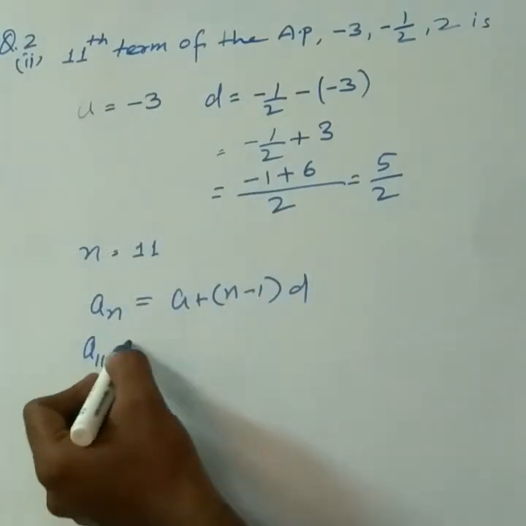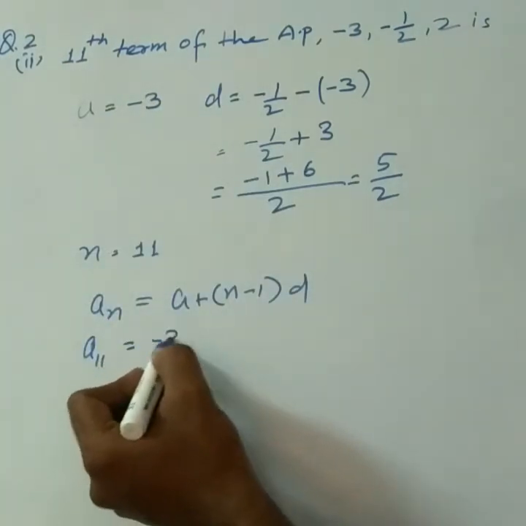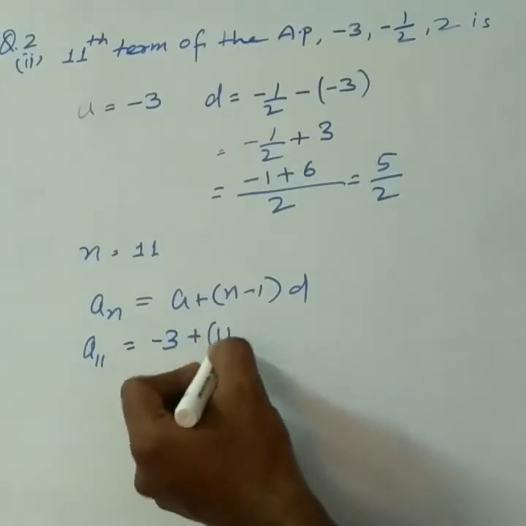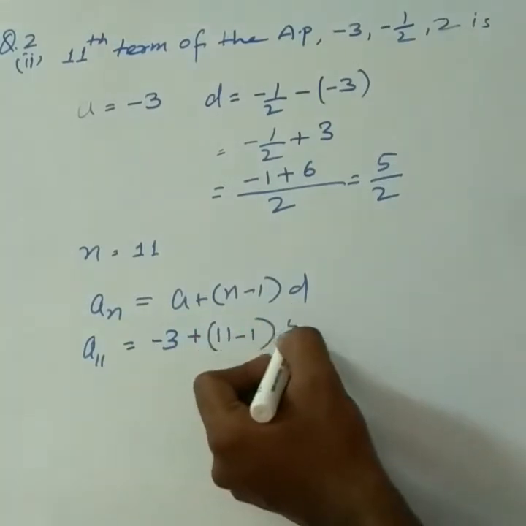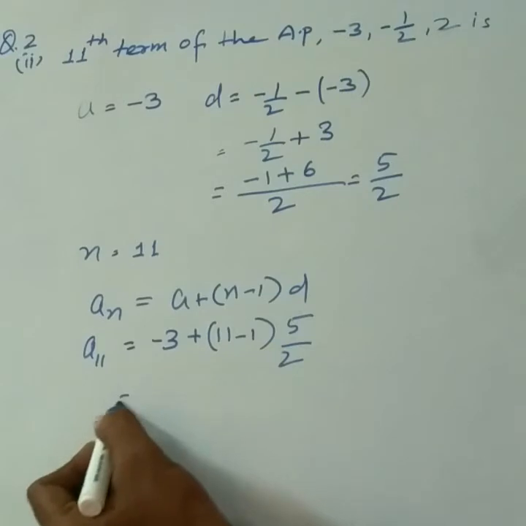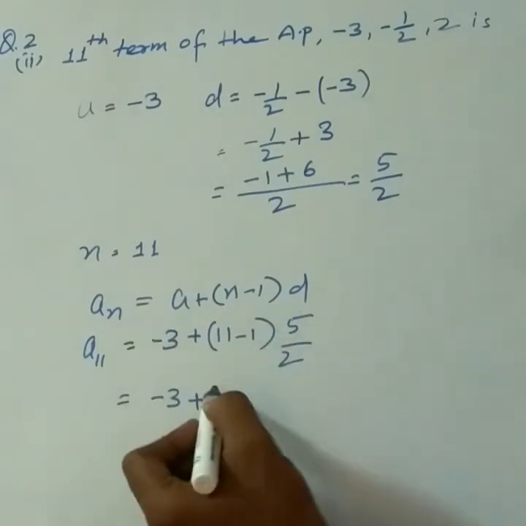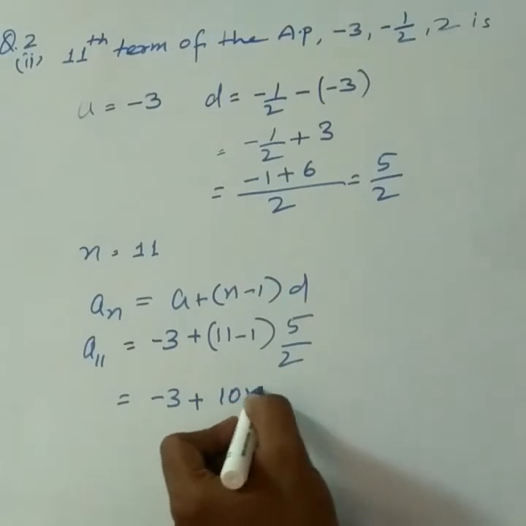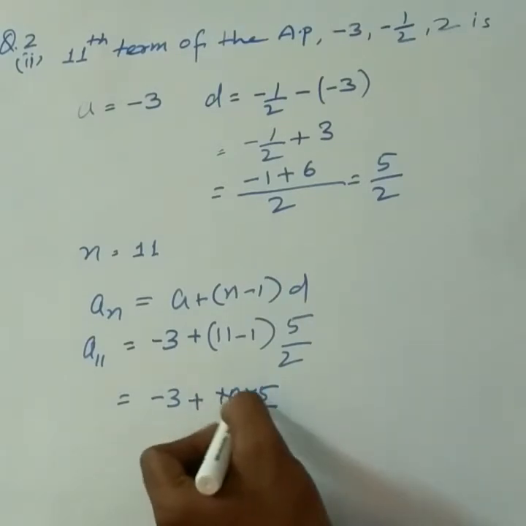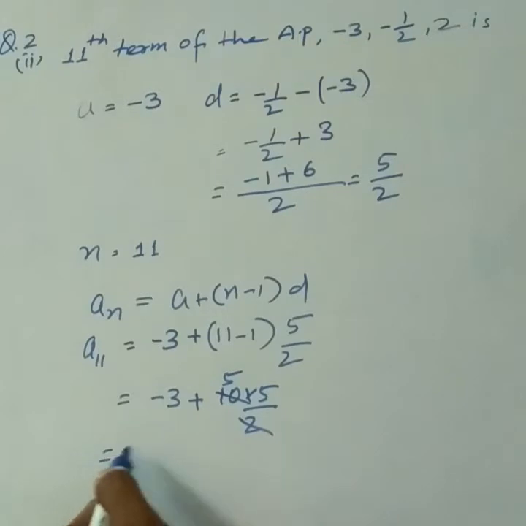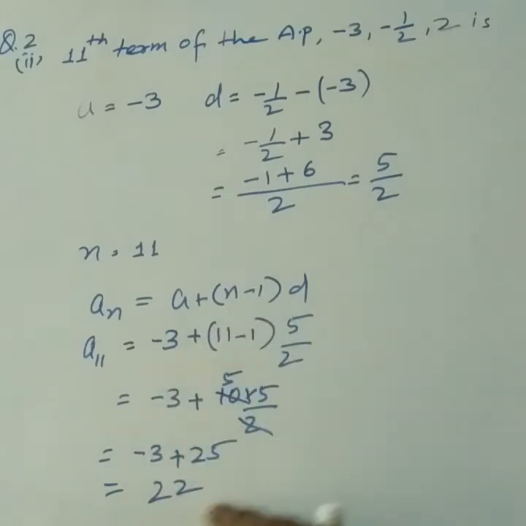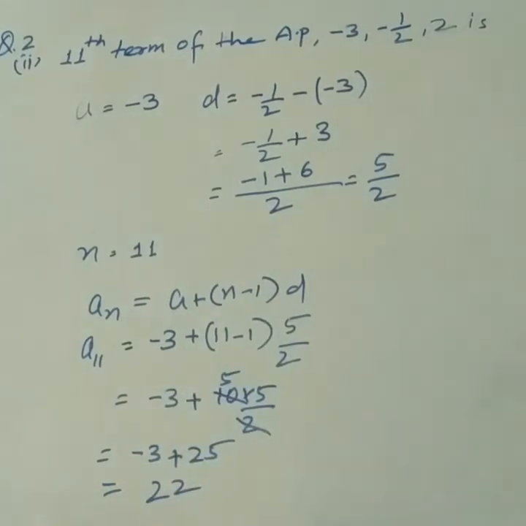Here a11, a is minus 3, n is 11 minus 1 and d is 5 upon 2. Minus 3 plus 11 minus 1 is 10 into 5 upon 2. These two are cancelled. Minus 3 plus 25, which is equal to 22. The 22 is the 11th term of this AP.